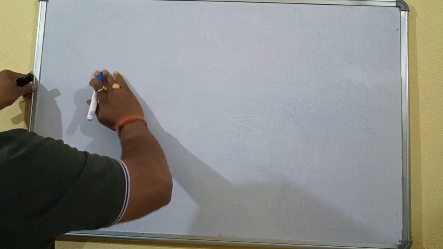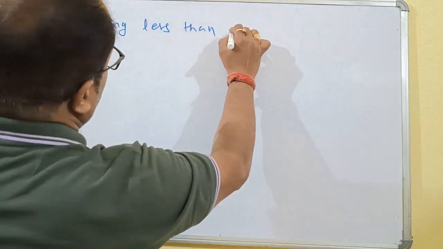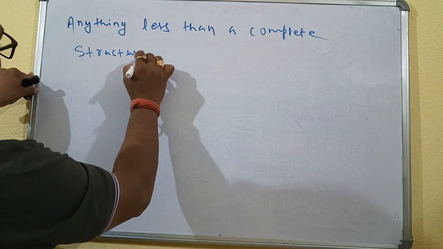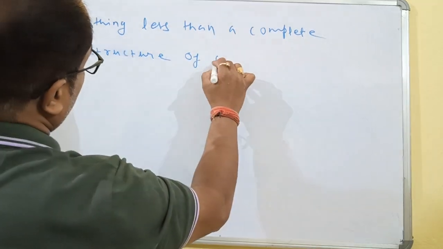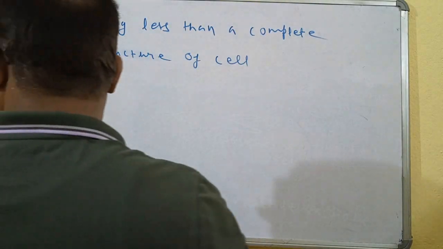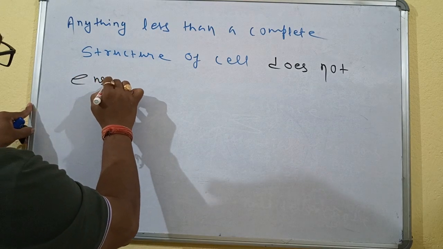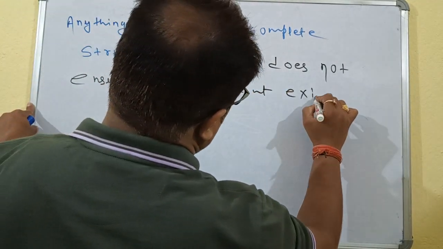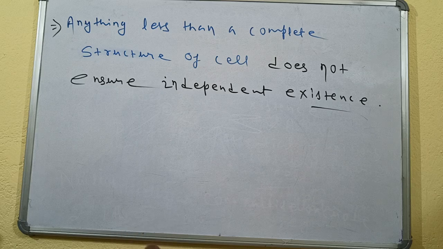So we can say that anything less than a complete structure of cell does not ensure independent existence.